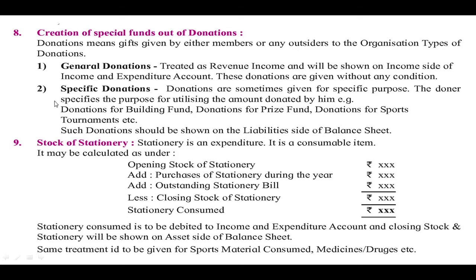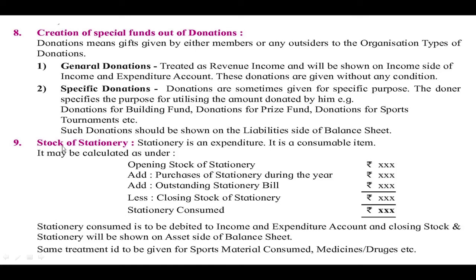But specific donations are given for some special purpose. The donor intends to use this amount for the special purpose. At that time, these donations are shown on the liability side of the balance sheet.